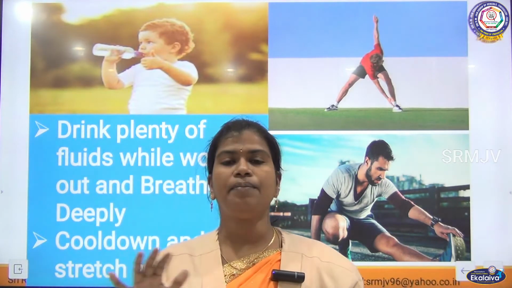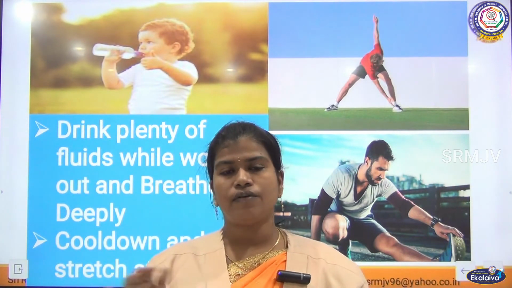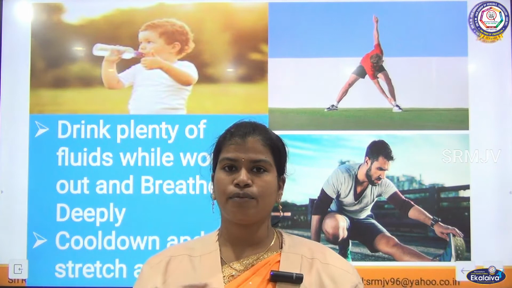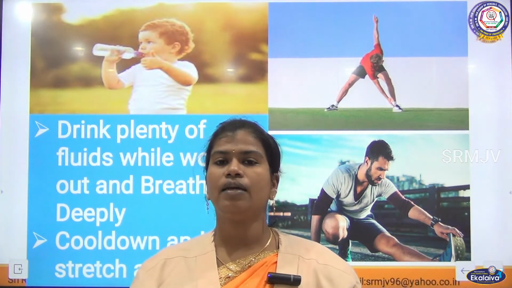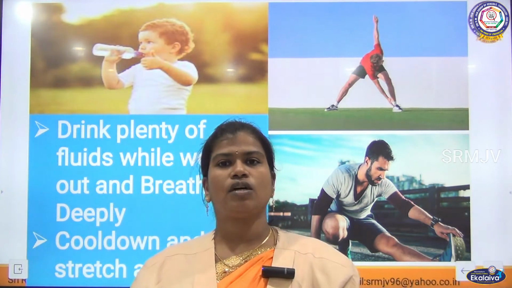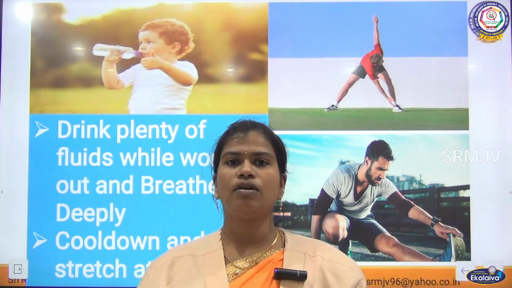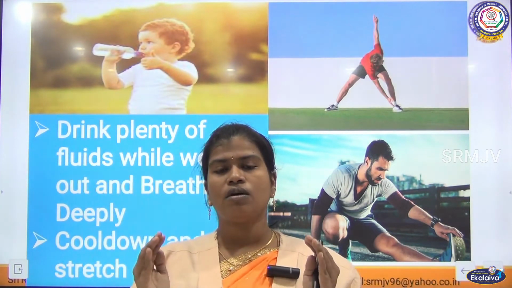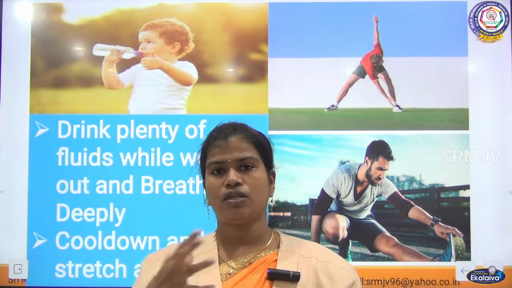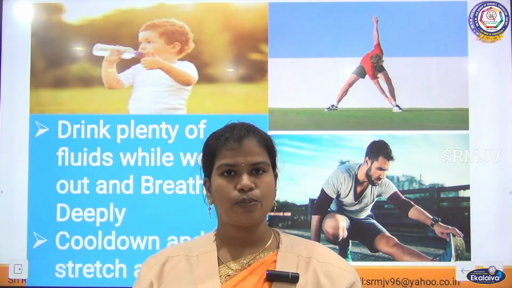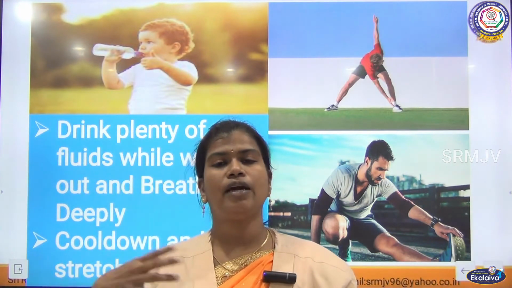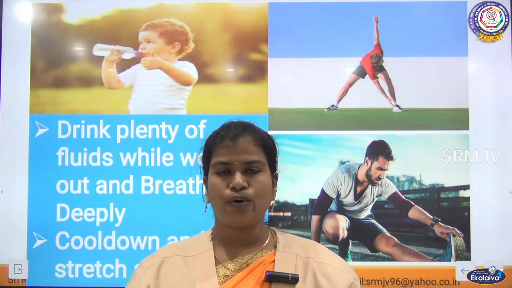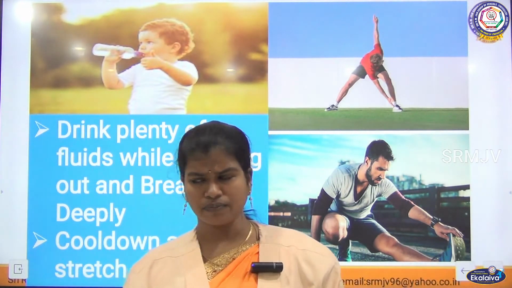Even if you rub the cramped place with your hand or massage it, then automatically all the lactate which has accumulated will be broken down again and energy will be released. Okay. So the lactate accumulated due to anaerobic respiration will be avoided again by aerobic respiration.